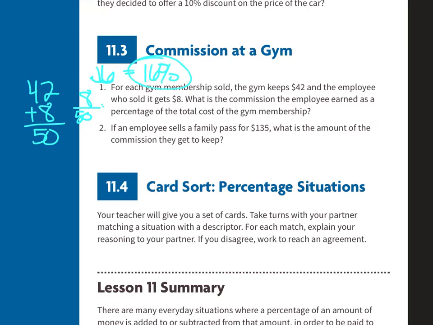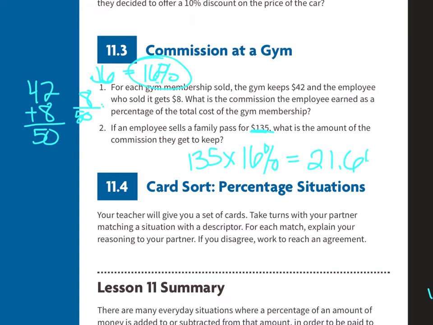Okay? If an employee sells a family pass for $135, what's the amount of commission they get to keep? Well, the total price is $135, and they get 16%. So we're just going to go 135 times 16%. So 135 times 16% gives me 21.6.